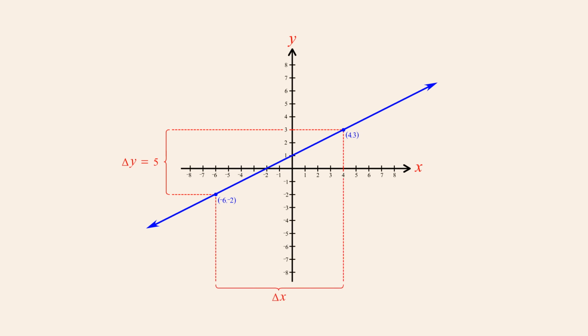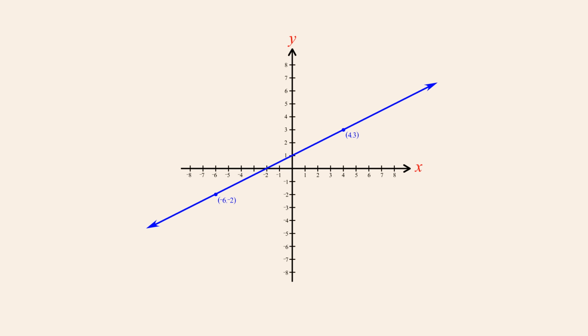And delta x is the x-coordinate of the right point minus the x-coordinate of the left point, or 4 minus -6, which is the same as 4 plus 6, or 10. So the slope delta y over delta x is 5 divided by 10, or 1/2, the same value we calculated before using a different pair of points.